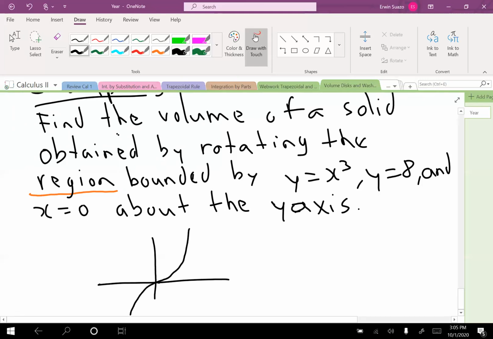Then bounded by y equals x cubed, y equals a. So y equals a is something over here. This is y equals a. And then x equals 0.